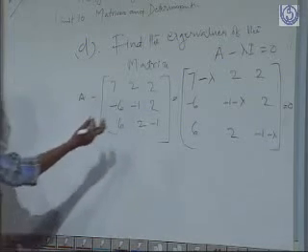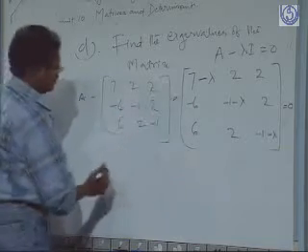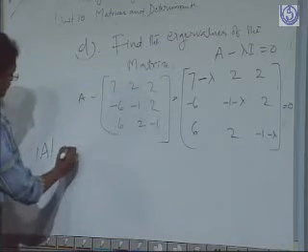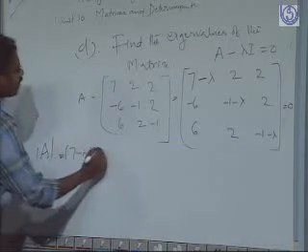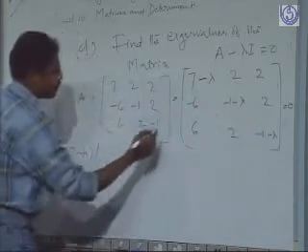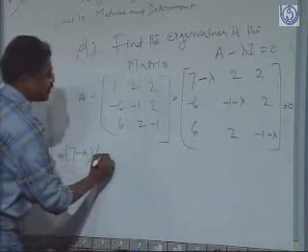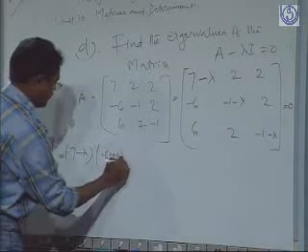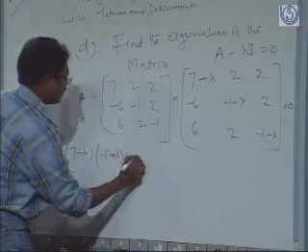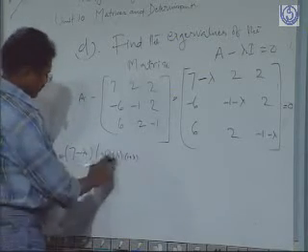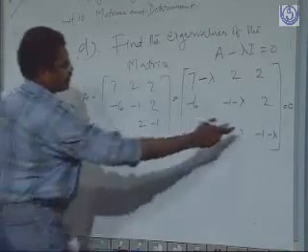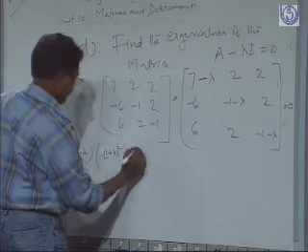Now we have to find the determinant of this matrix. Expanding along the first row: 7 minus lambda into, removing this row and this column, only these two remain, minus 1 plus lambda into minus 1 plus lambda, that is 1 plus lambda whole square, minus 2 2s are 4.